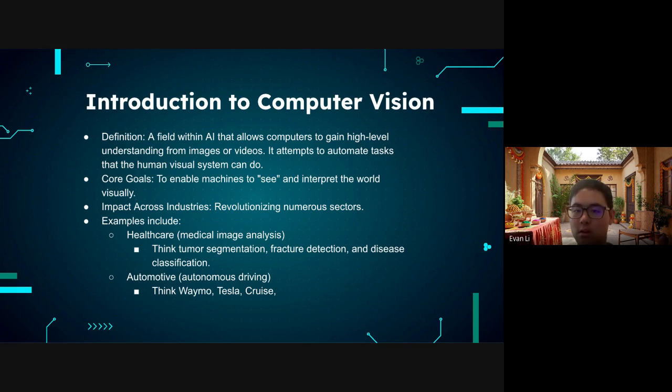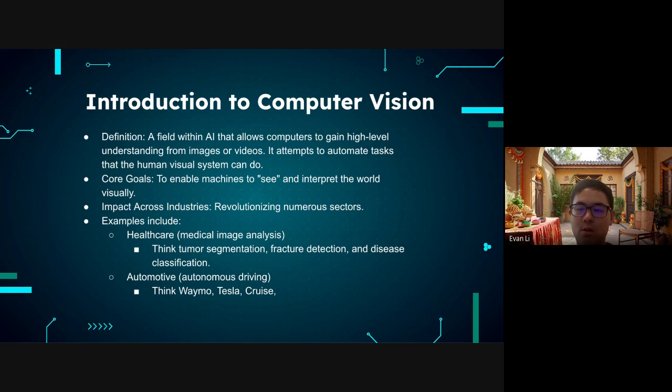Imagine enabling machines to see in a way that goes far beyond simply capturing pixels. It's about understanding the content, context, and relationships within images and videos.